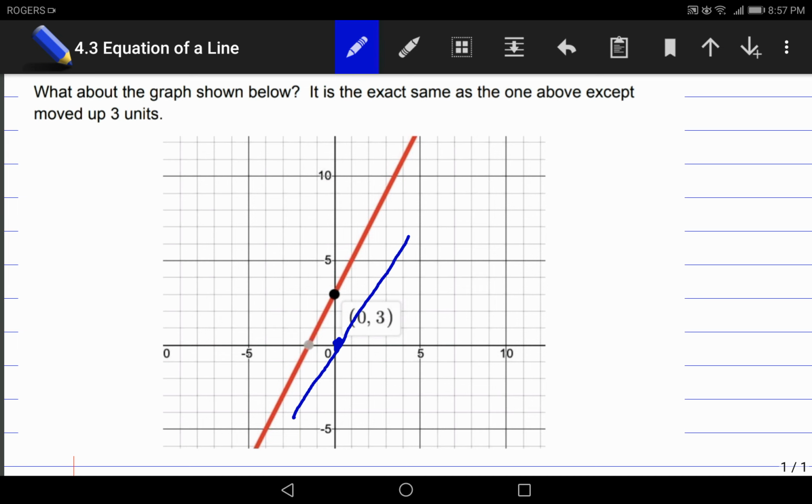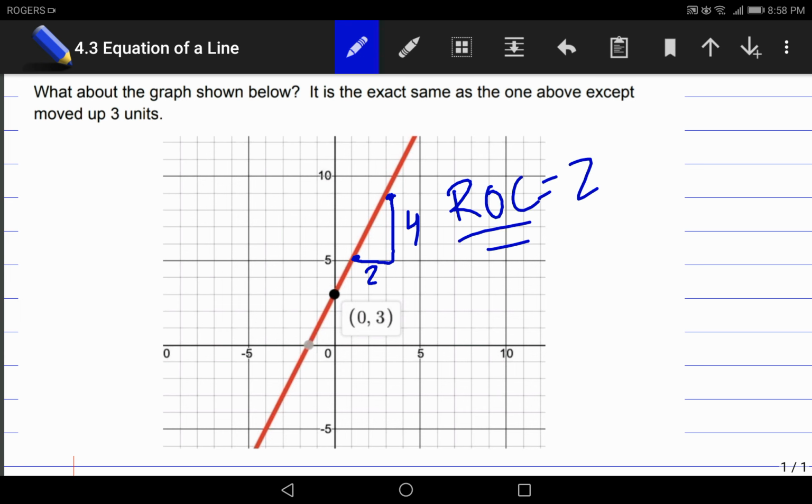I still drew a line that had a slope of 2. If we were to find the slope again, it would still be a rise of 4, a run of 2. The rate of change would still be 2. So keep in mind that I drew the exact same rate of change. The only thing that I did was shift this line, which originally crossed the y-axis at 0, up to 3. So how would we write the equation of that line?